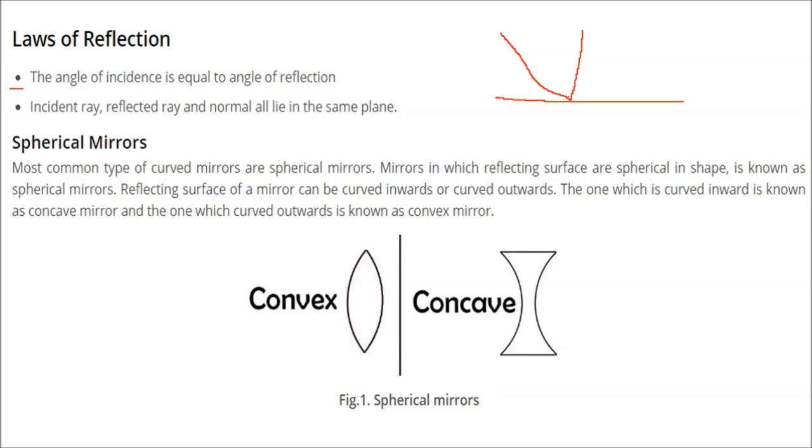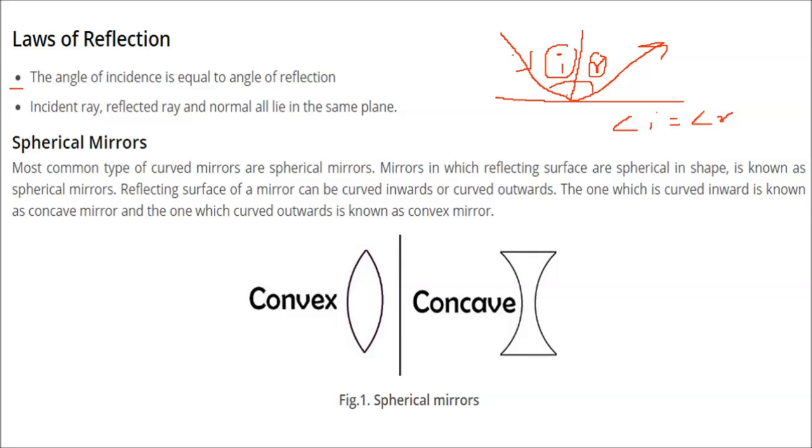If a ray comes here, and this is the angle of incidence, then if this ray reflects at some angle r, then i should be equal to r. Angle of incidence should be equal to angle of reflection.